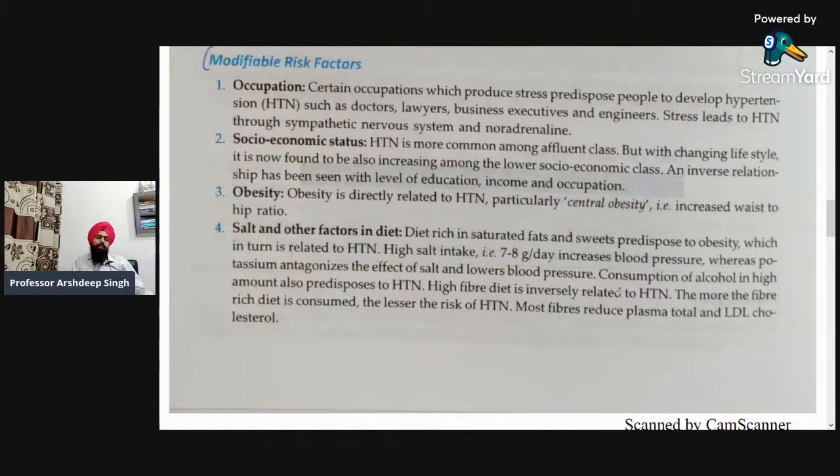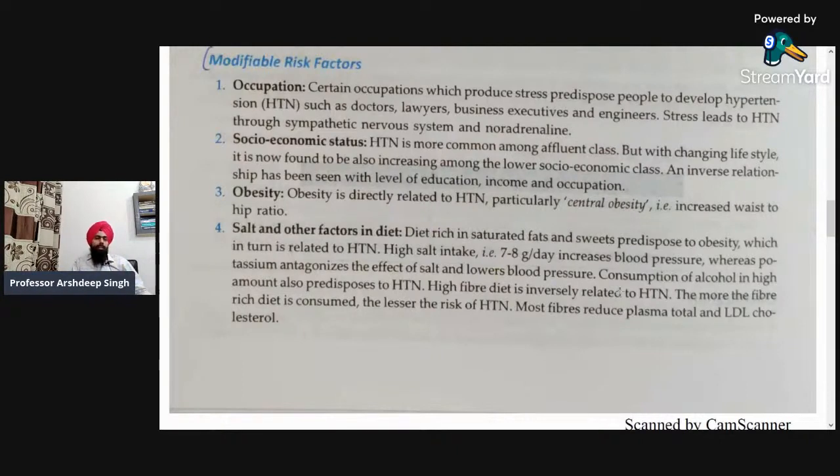In India, I can say that lakhs of people are suffering from this condition. That is also a factor that we can modify and prevent the cases of hypertension.